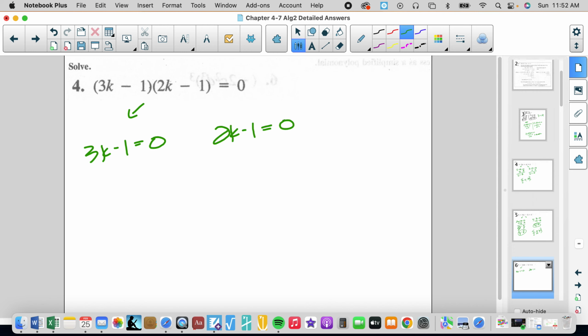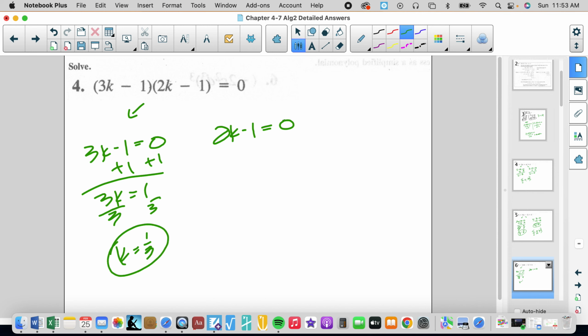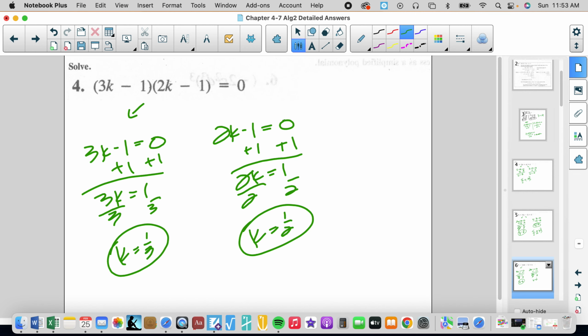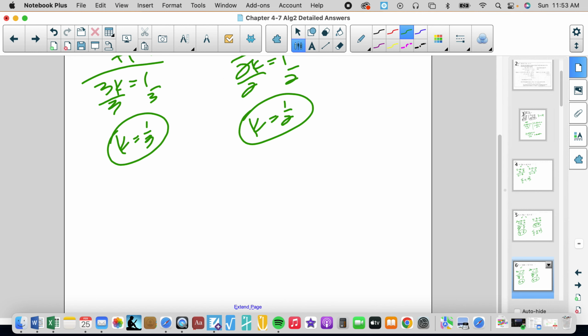Plus 1 on both sides, 3k equals 1, divided by 3, k equals 1/3. Plus 1 on both sides, 2k equals 1, divided by 2, k equals 1/2. So my solution in numerical order is going to be 1/3, 1/2.